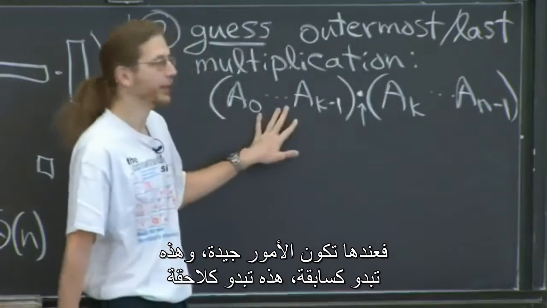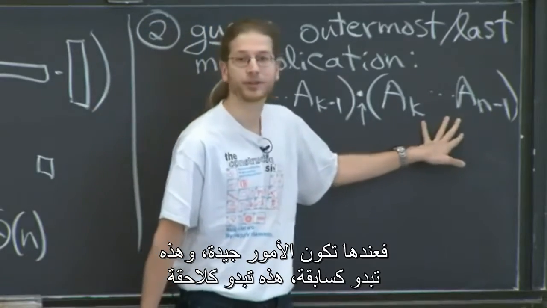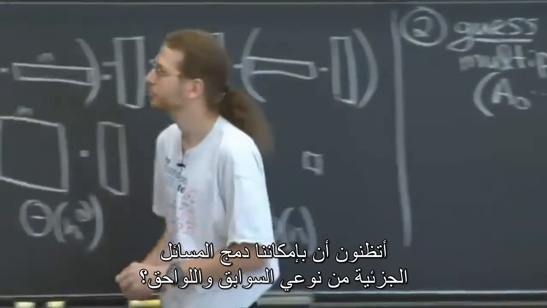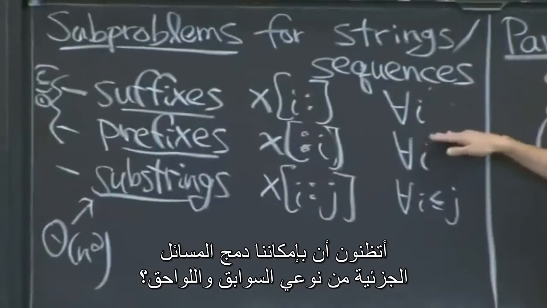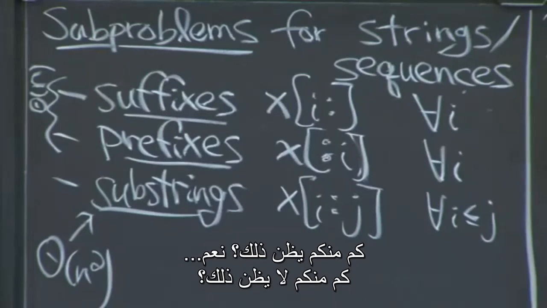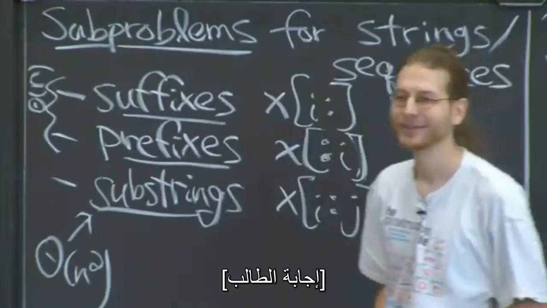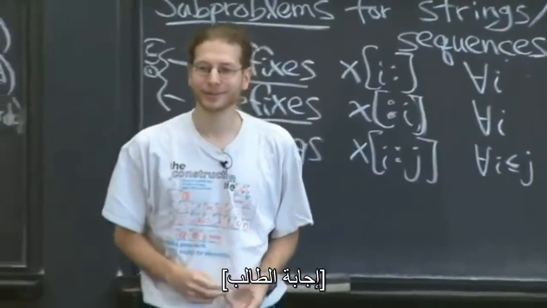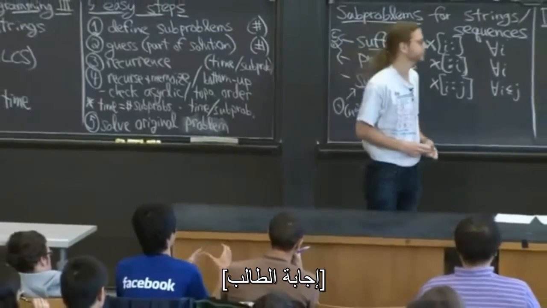Now, this looks like a prefix. This looks like a suffix. So do you think we can just combine subproblems, suffixes, and prefixes? How many people think yes? A few. How many people think no? Okay, why? For example, if you were to split the left half again, and you went with the right half, you wouldn't have.